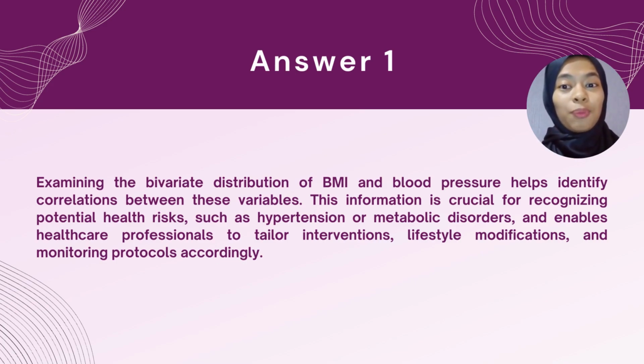This information is crucial for recognizing potential health risks such as hypertension or metabolic disorders, and enables healthcare professionals to tailor interventions, lifestyle modifications, and monitoring protocols accordingly. I hope that answers your question.